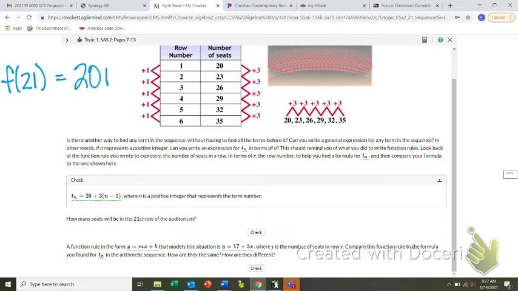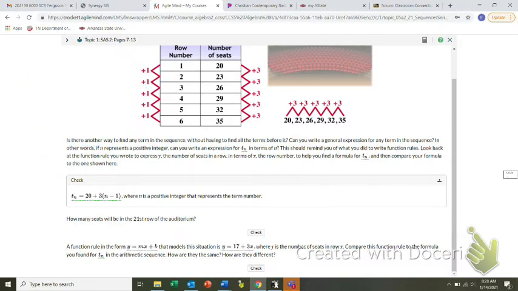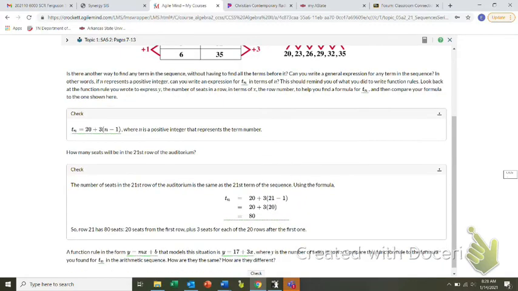So 20 plus 3 times 21 minus 1. 20 plus 3, well, 21 minus 1 is 20. So 20 plus 60 equals 80. So the 21st term would be 80, and it shows you that exact thing right there.